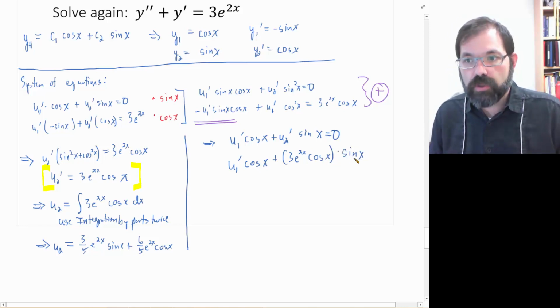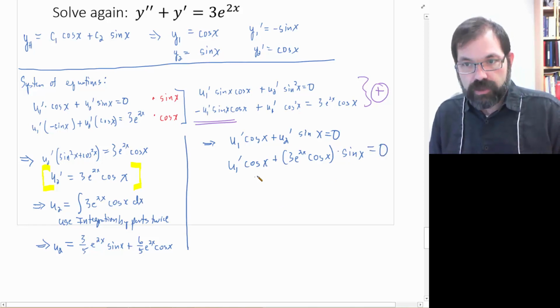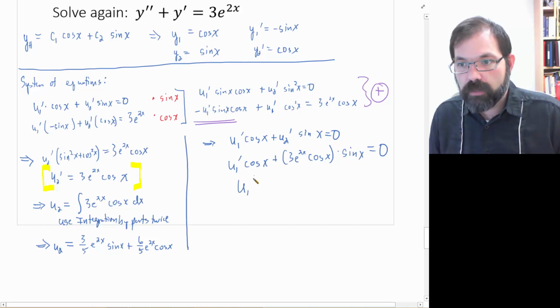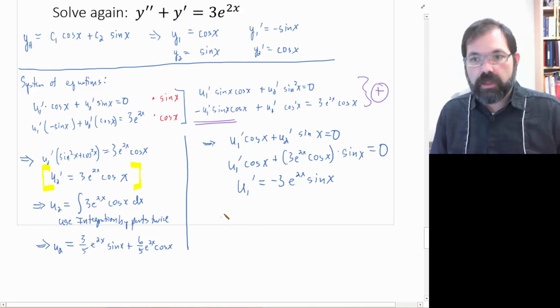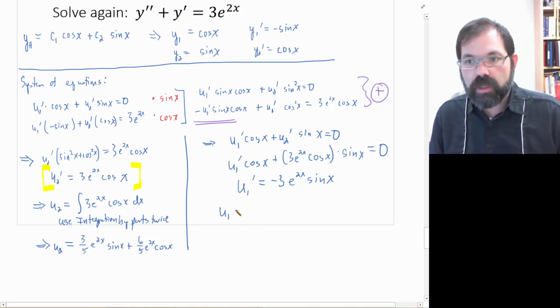So notice I made that substitution for u2 prime, and that's equal to 0. And if we solve for u1 prime here, u1 prime would then equal negative 3e to the 2x sine x. And so again, u1 would equal the antiderivative of negative 3e to the 2x sine x dx.